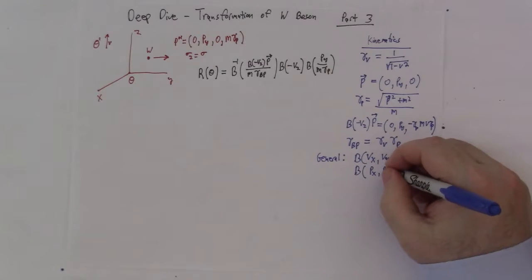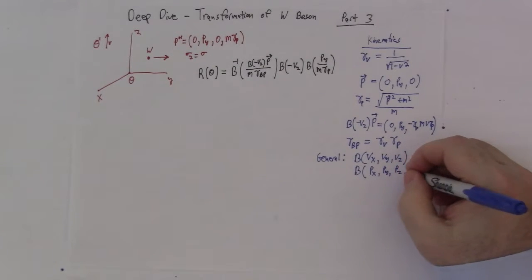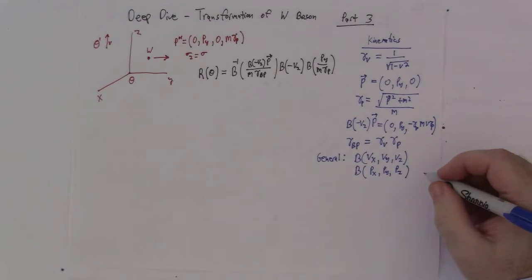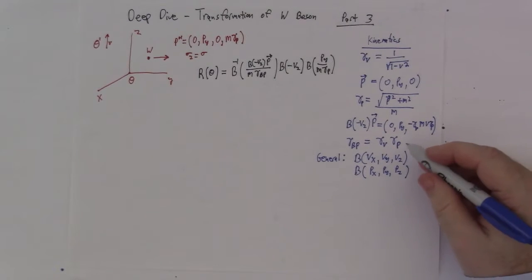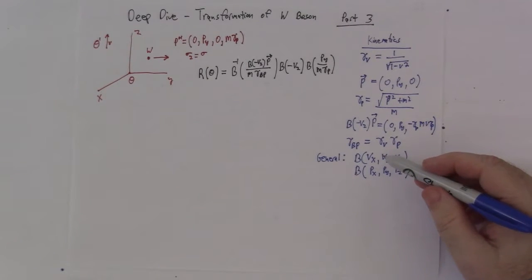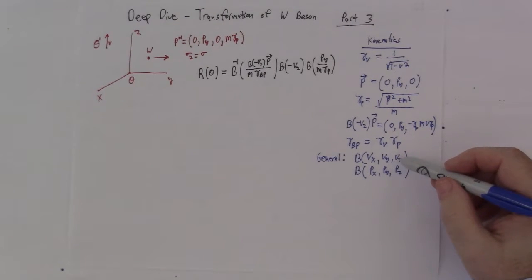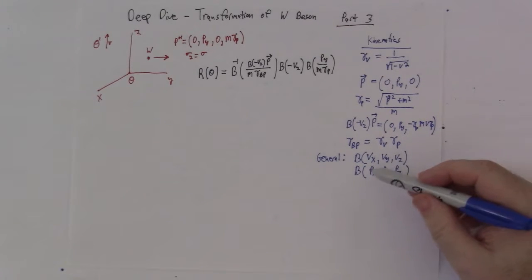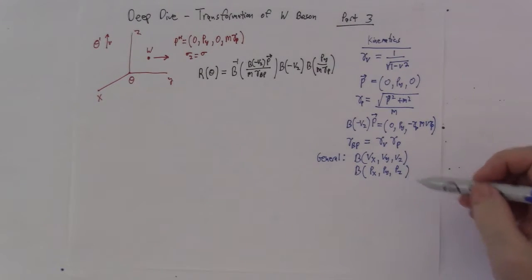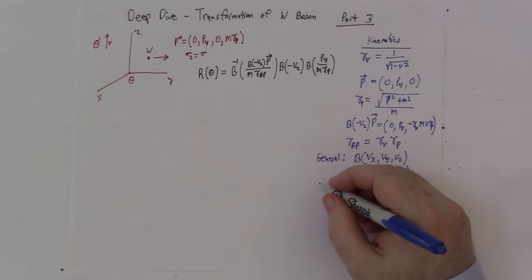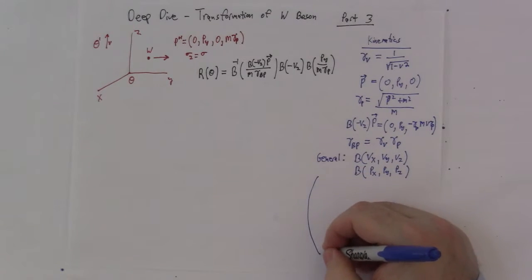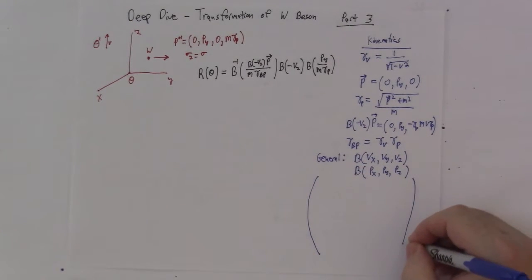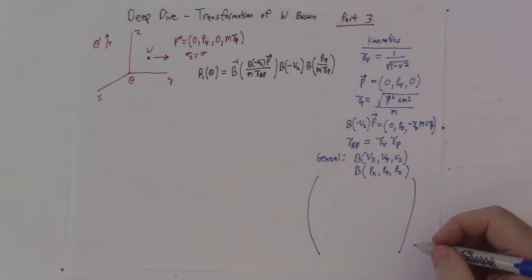The formula is very similar. So this is just in general. If we're going to do a boost with a particle moving with this velocity or with this momentum, then I'm going to get this matrix, which has a lot of symmetries in it, so it's not that bad, but still you have to write it out.